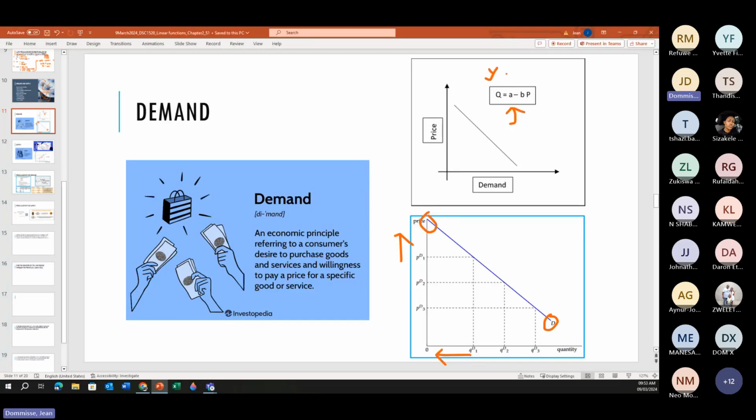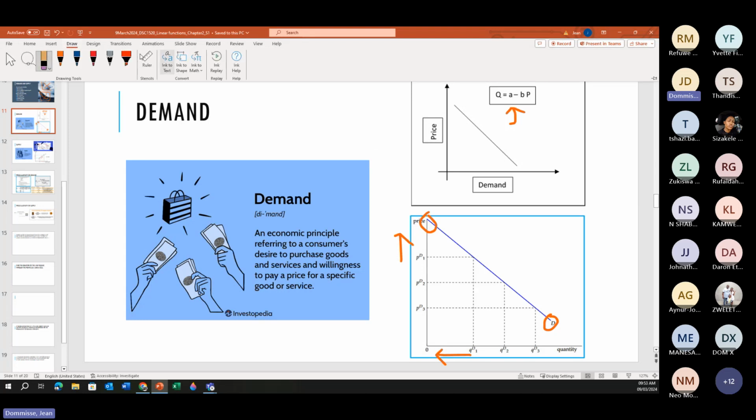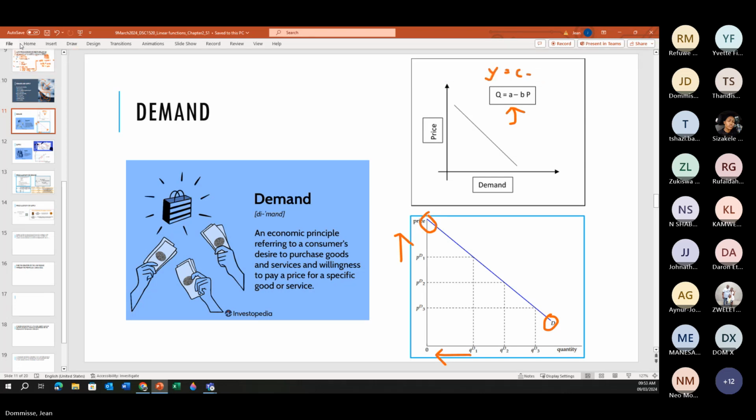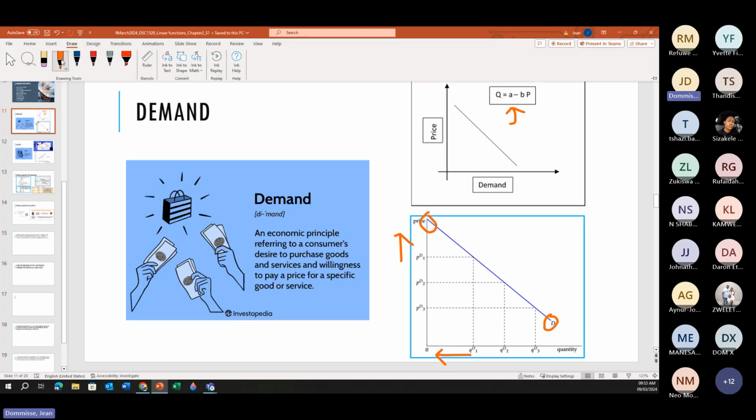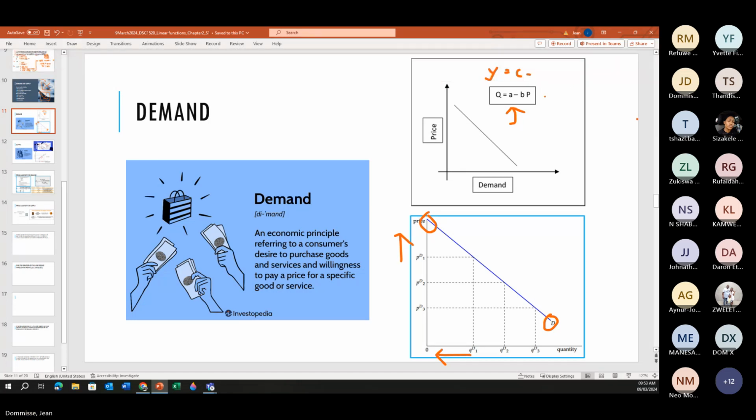Some textbooks use this type of equation that we have seen in nearly all of our math studies.